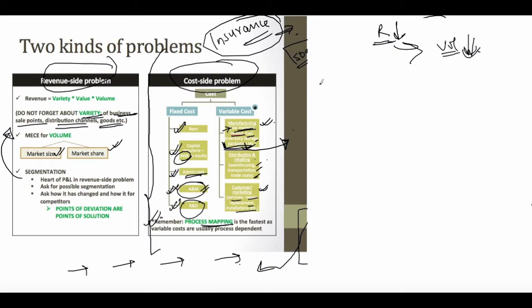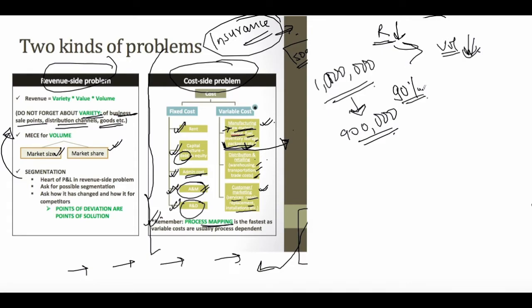If I am, let's say, selling 1 million units overall in a span of 1 year, and now this has gone down to 900,000, there's definitely going to be one particular segment which is going to get affected more than everyone else. It's unlikely that through all the points of sale, all the geographies, all the customer segments that you have, everyone has registered an equal dip of 10%.